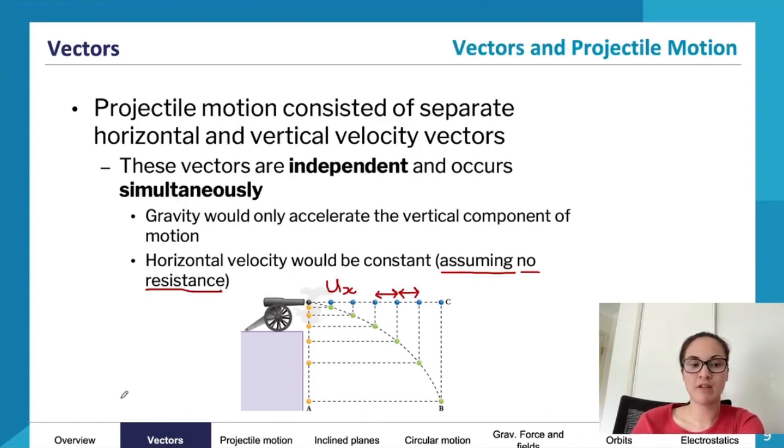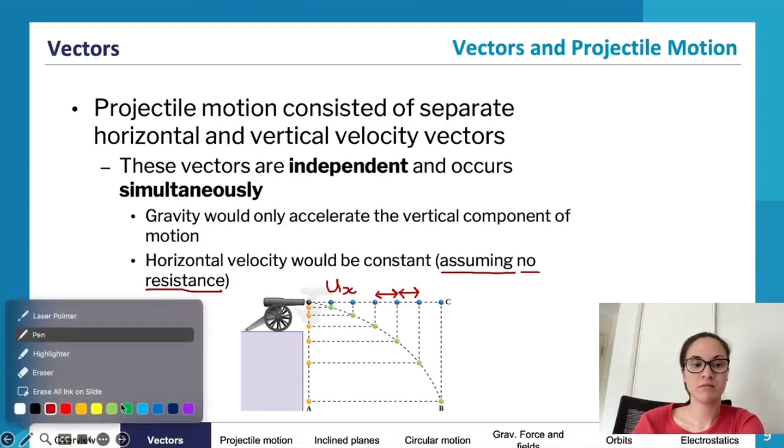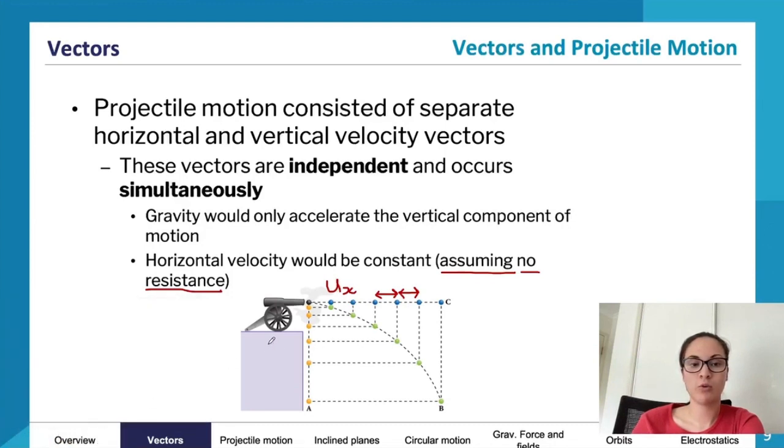However, due to gravity, Uy, or Vy, depending on how you look at it, I'm just going to call it Uy, the strength of gravity, that acceleration due to gravity, brings that cannonball closer and closer to the ground faster and faster. So it starts off really weak and then it gets stronger.